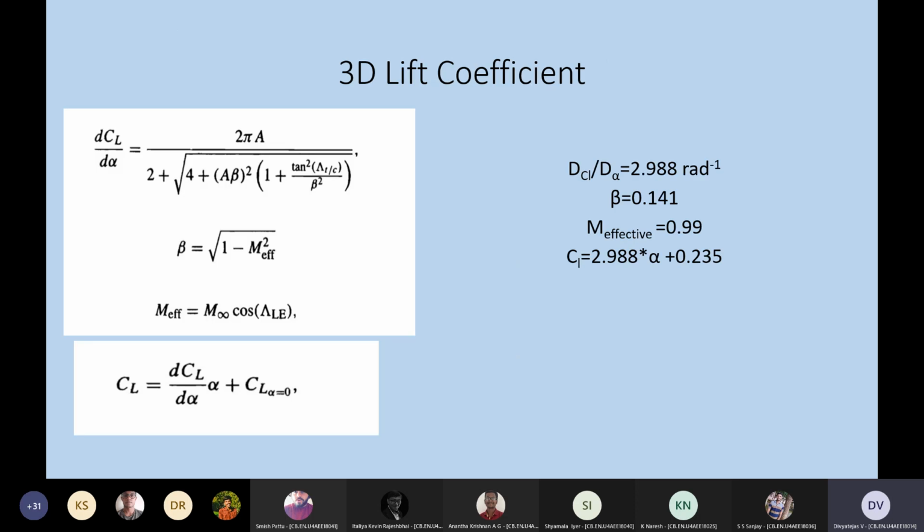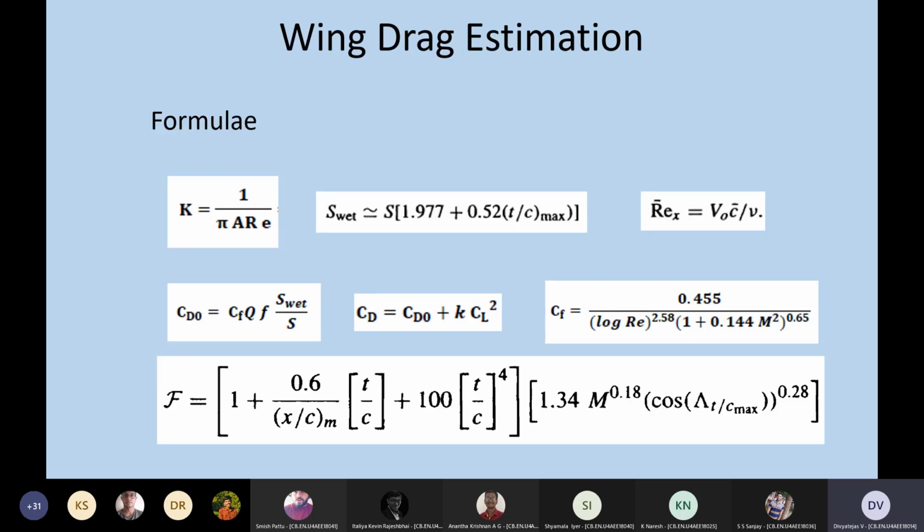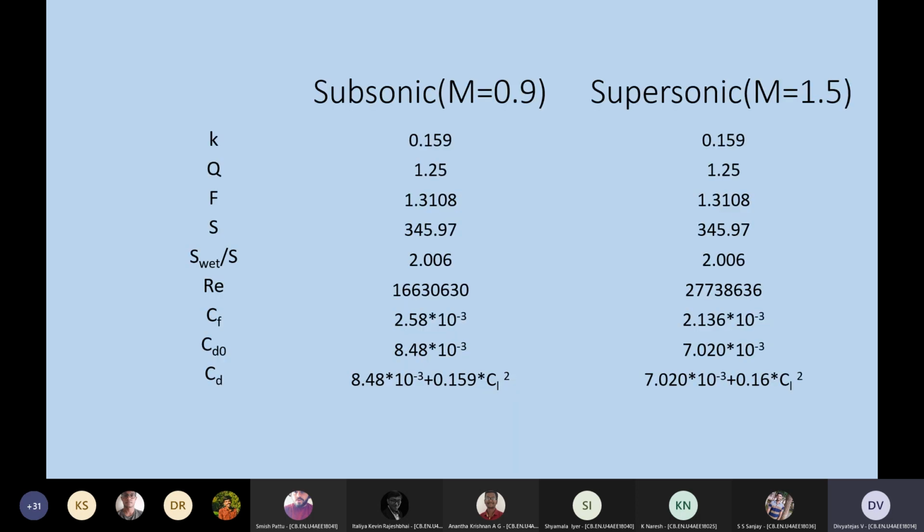For 3D lift coefficient, we used these formulas and calculated, and we obtained these values. The same for wing drag estimation also, we have used these formulas, and then we have obtained values for both subsonic and supersonic Mach numbers, and these are the values respectively.